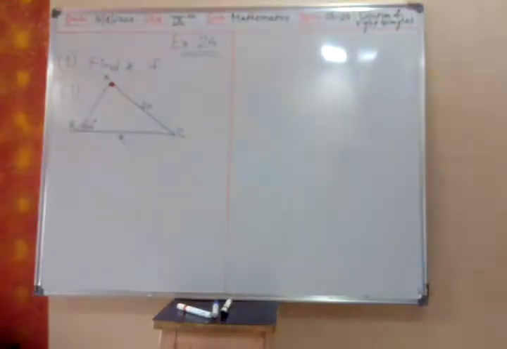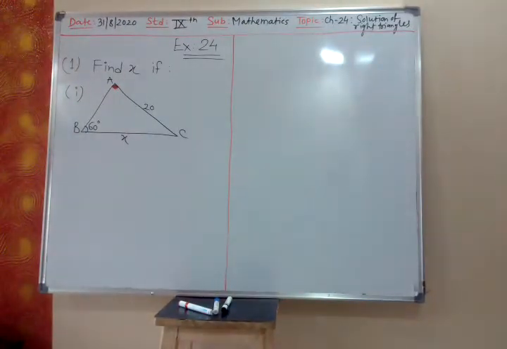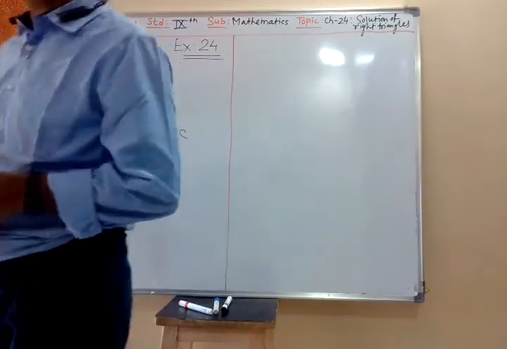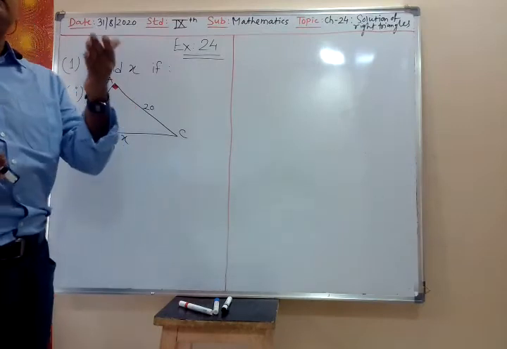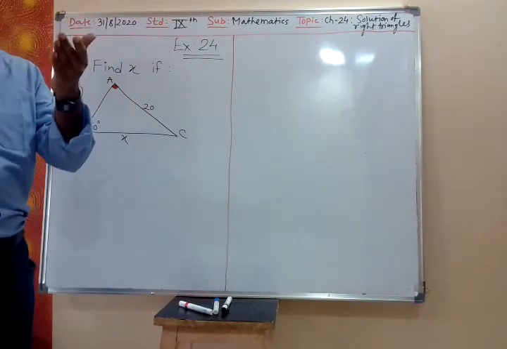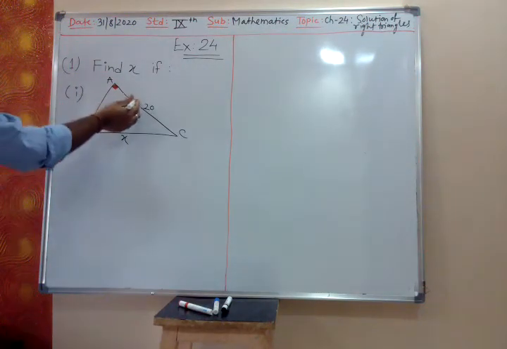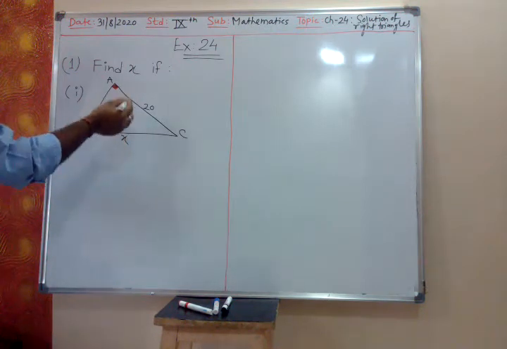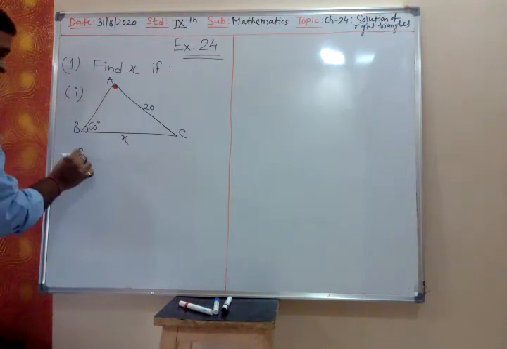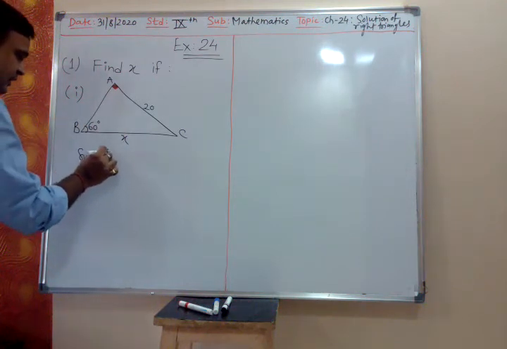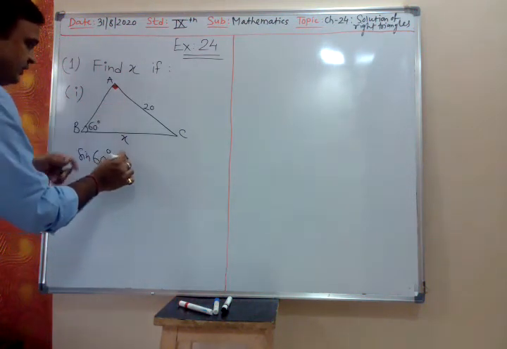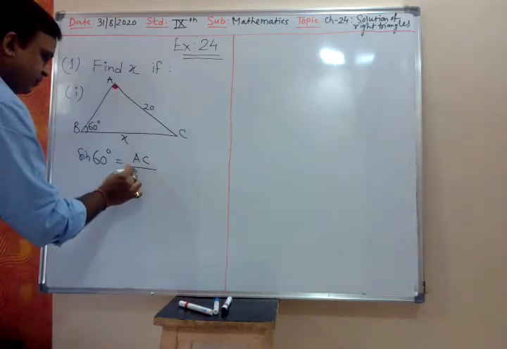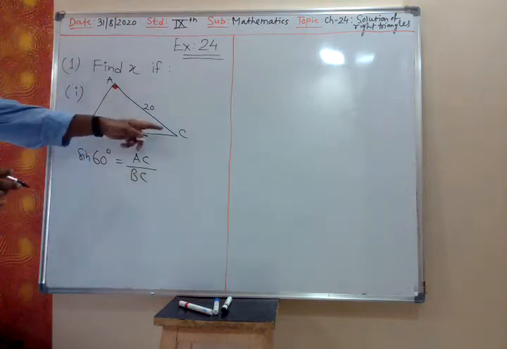Opposite and hypotenuse we consider in which ratio? Sine, cos, tan? Sine. So I will use sine 60. Sine 60 degrees is opposite, that is AC, upon hypotenuse, BC. BC is the hypotenuse.